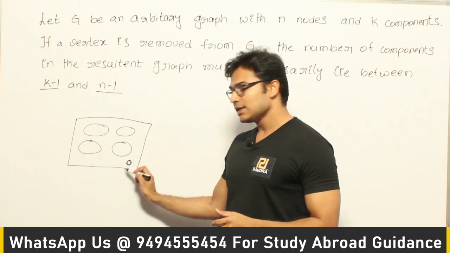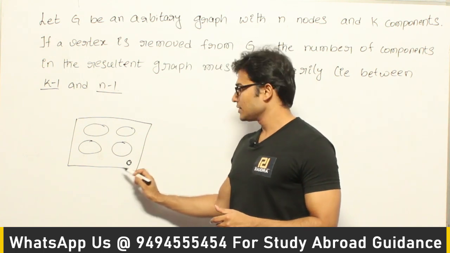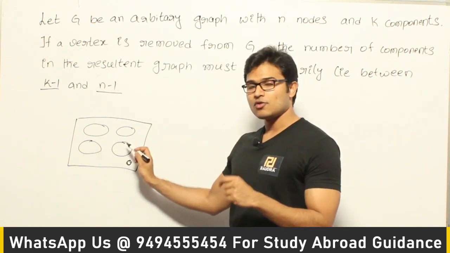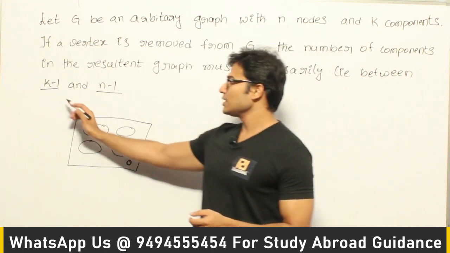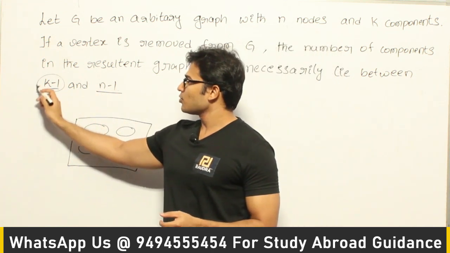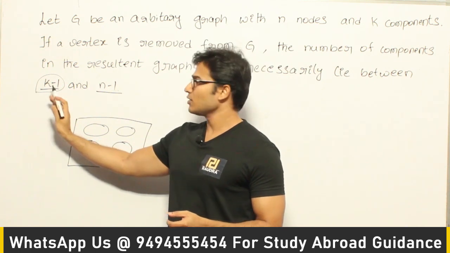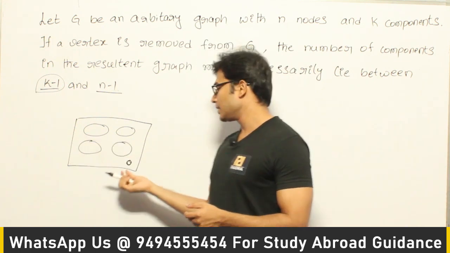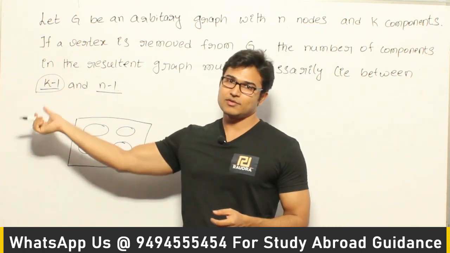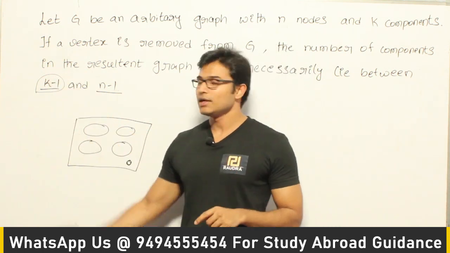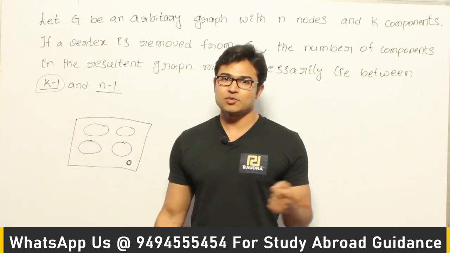Now if you delete this isolated vertex, the number of components will drop from k to k minus 1. Got it? Therefore this is the least number of components possible. You cannot go lower than this. By deleting one vertex, you can only reduce it by 1. Therefore k minus 1 is the least possible number.